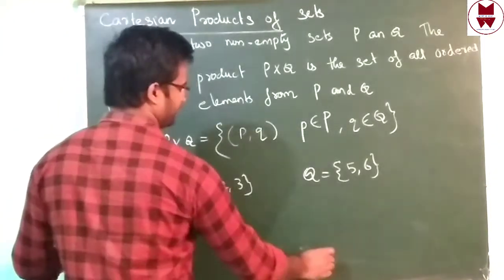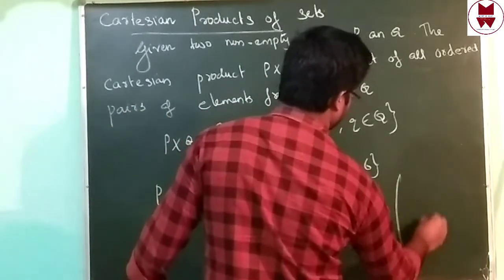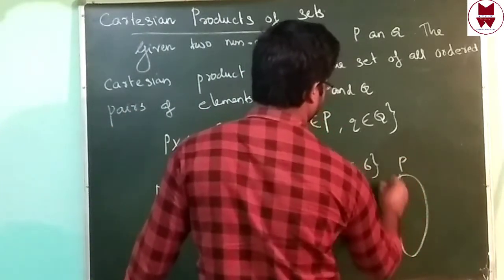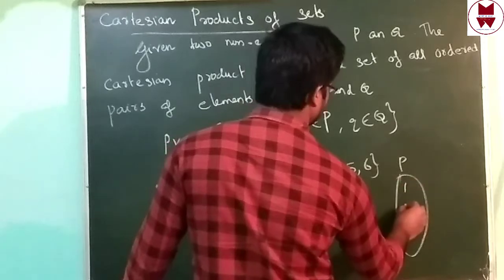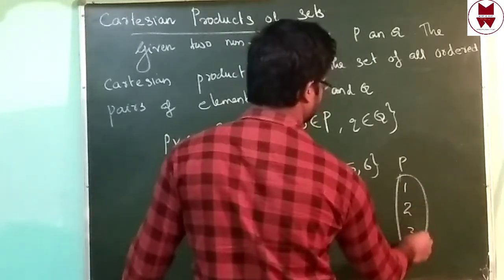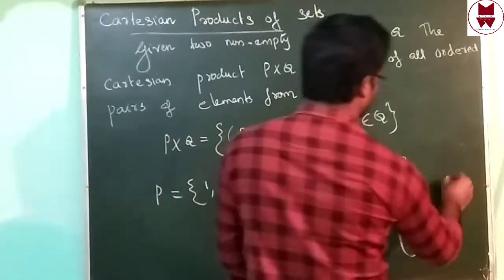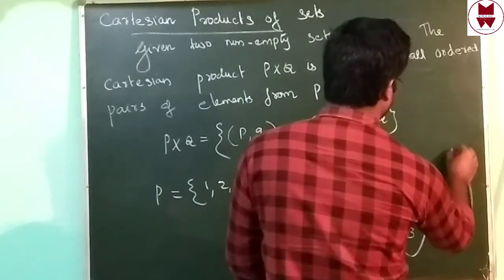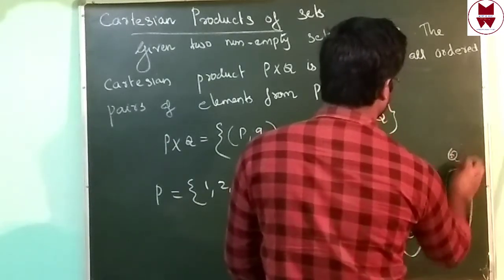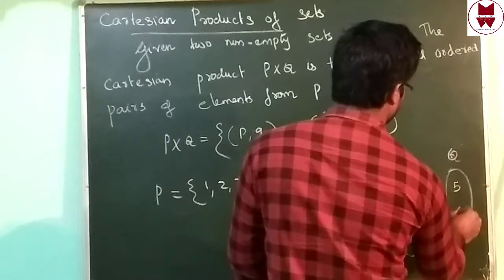Then if you consider set P, in set P 1, 2, 3, there are 3 elements. Then the second set is Q: 5, 6, 2 elements.